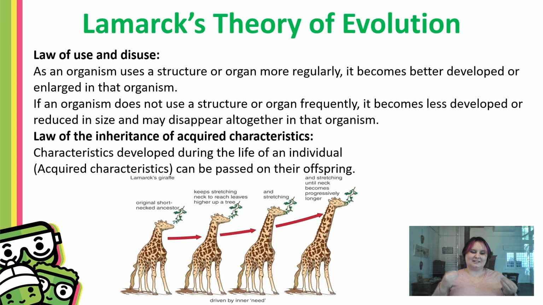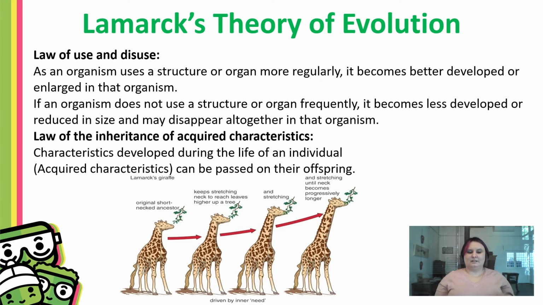Because they used their necks so much by stretching them, the size of the neck increased, and the neck got longer and longer over time. Then these individuals were able to pass on that acquired characteristic of the longer neck to their offspring.